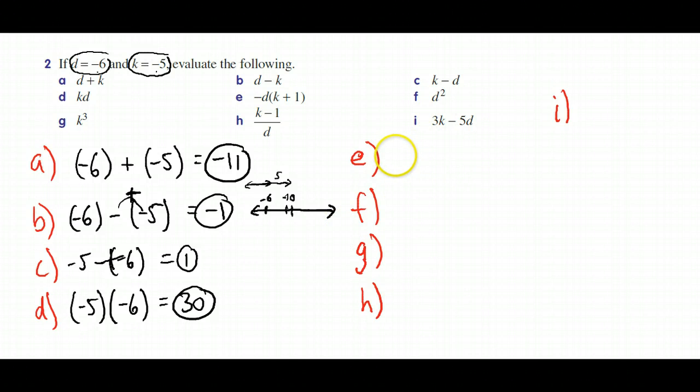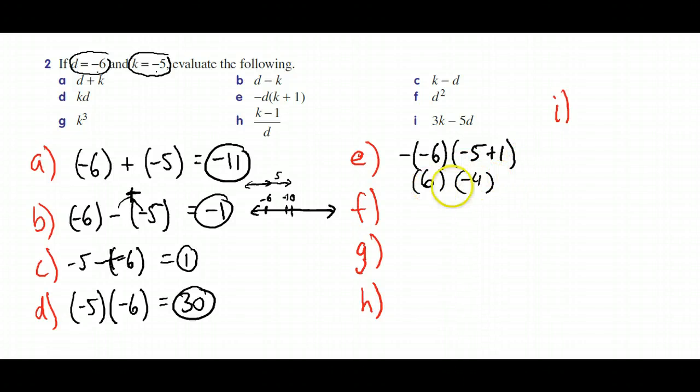In E we've got negative d, where d is negative 6, and inside some brackets we've got k plus 1, where k is negative 5, and we've got plus 1 with it. So each of these brackets, negative times a negative becomes positive 6, and this bracket becomes negative 5 plus 1, which is negative 4.